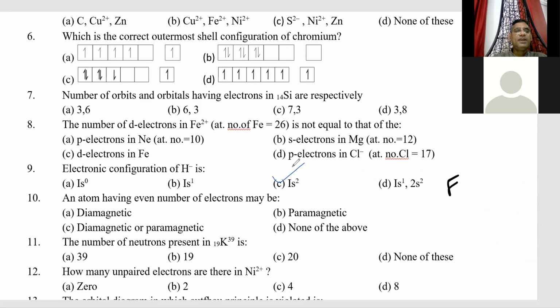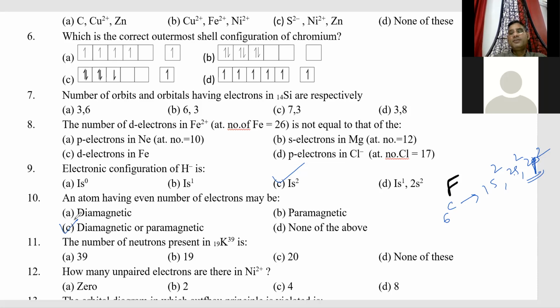So easy. An atom having an even number of electrons may be what? Diamagnetic. Carbon, atomic number 6, is even. What will be its electronic configuration? 1s2, 2s2, 2p2. It is having unpaired electrons, so it will be paramagnetic. So even can be diamagnetic or paramagnetic.